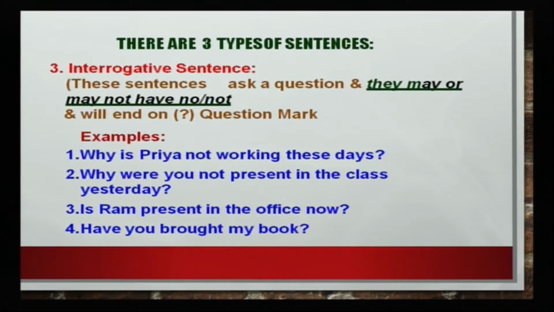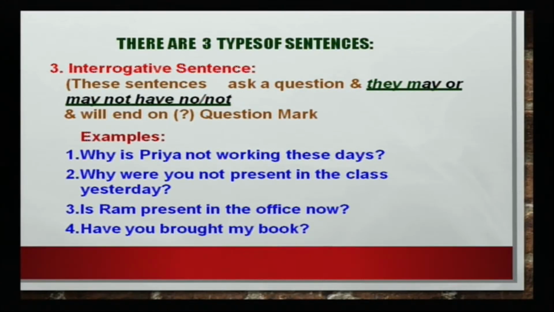But before that, let us have a look at the third type of sentence also. What is the third type? Interrogative sentence. Now, interrogative sentences are sentences that ask a question. They may or may not have no or not, but they will always end in a question mark.